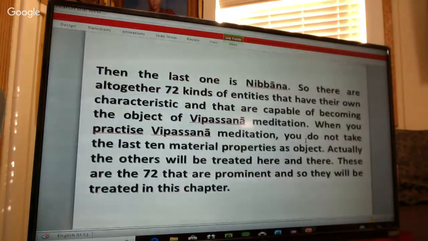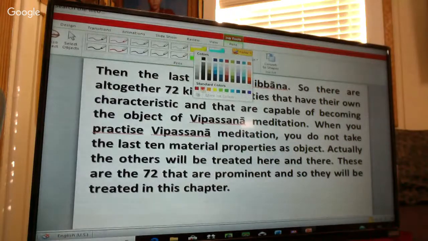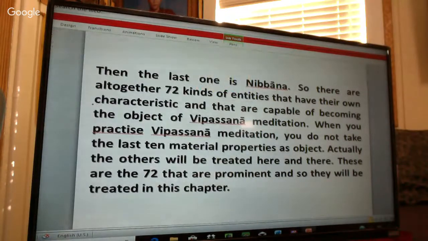So the last one is Nibbāna. So there are altogether 72 kinds of entity that have their own characteristic, because we choose them from the view of characteristic. They have their own characteristic, and they are capable of becoming the object of Vipassanā meditation.